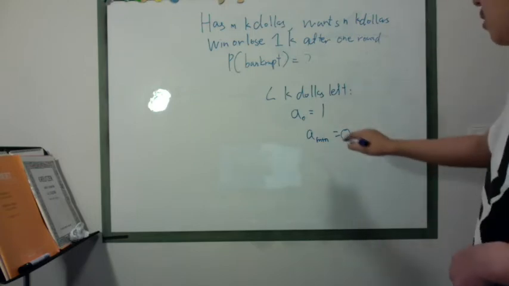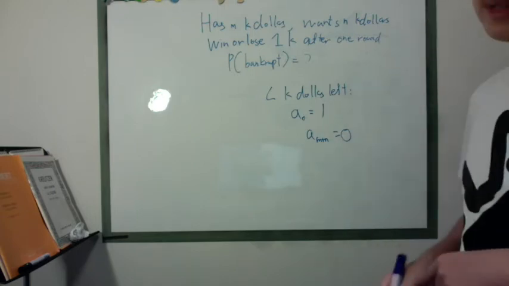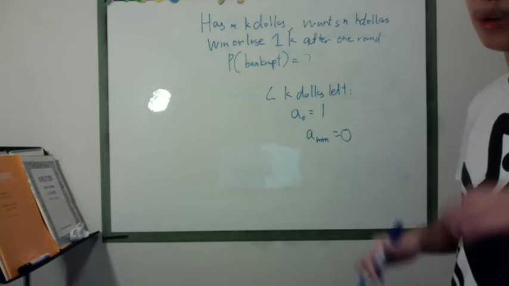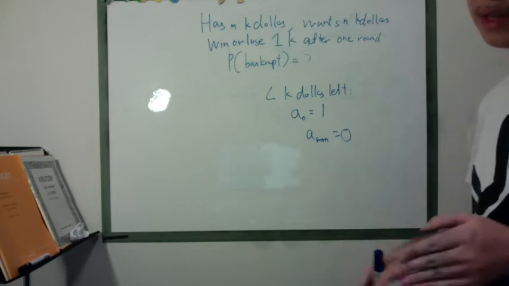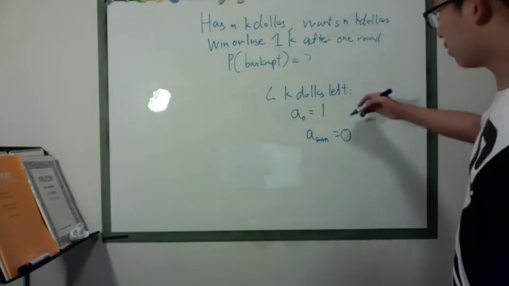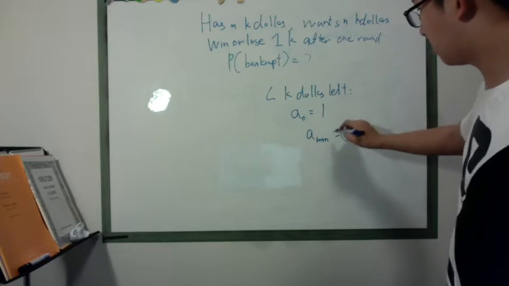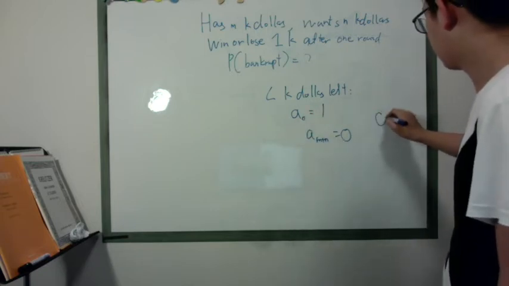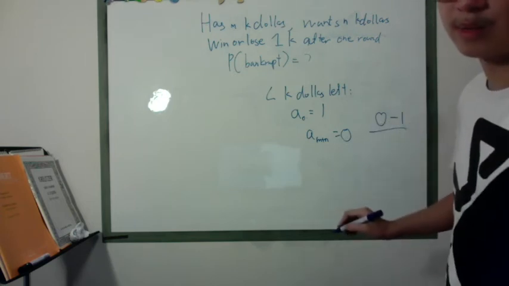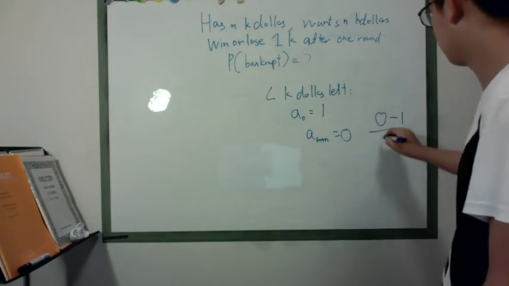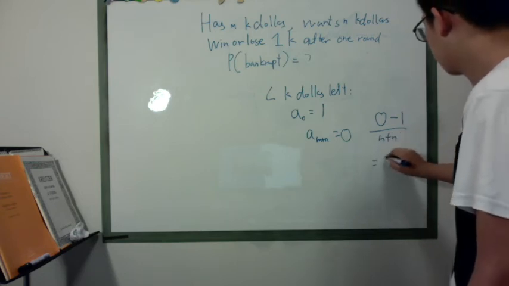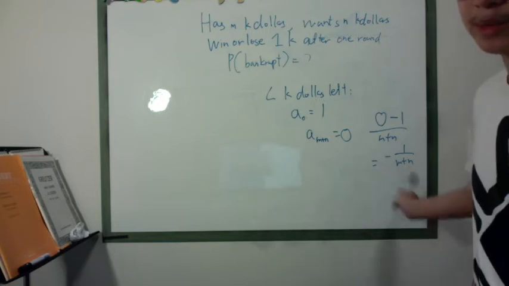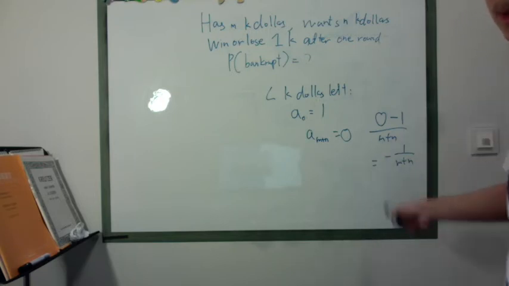So since this is an arithmetic sequence, we want to find the common difference first, and then we can find A_L. The common difference is always the y value divided by the x value, so 0 minus 1 divided by M plus N minus 0, so negative 1 over M plus N. This is the common difference of this sequence.